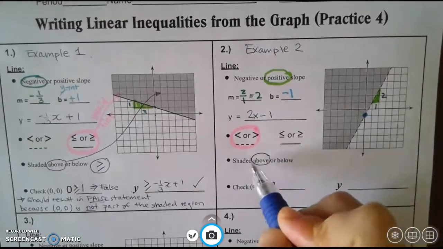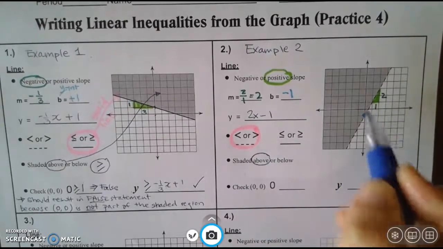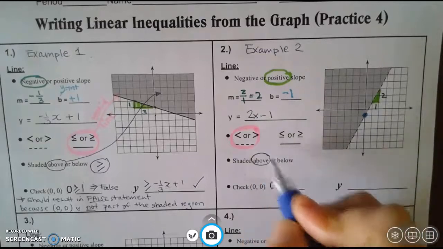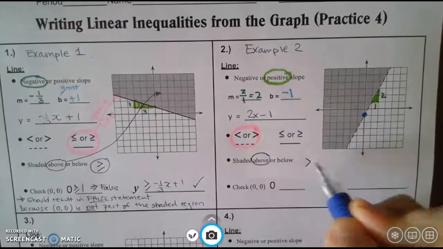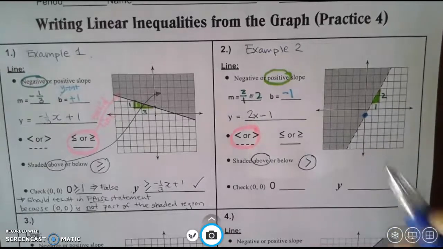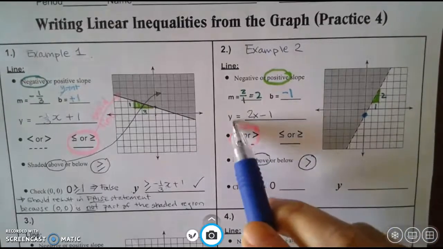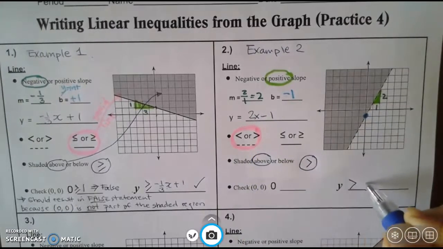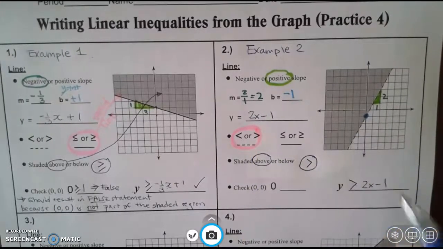That means y is bigger, so we want the greater than sign, which is this one. So we figured out the inequality. Now we substitute that into the equation we have: y is greater than 2x minus 1.